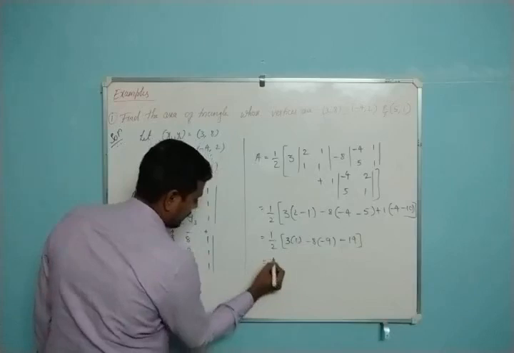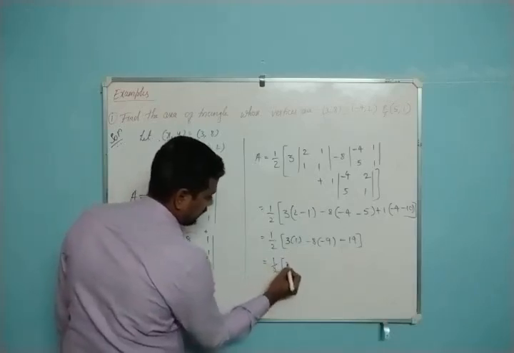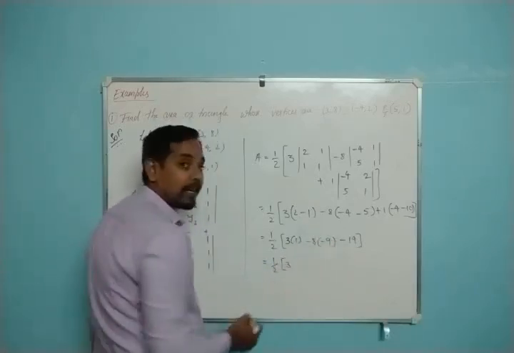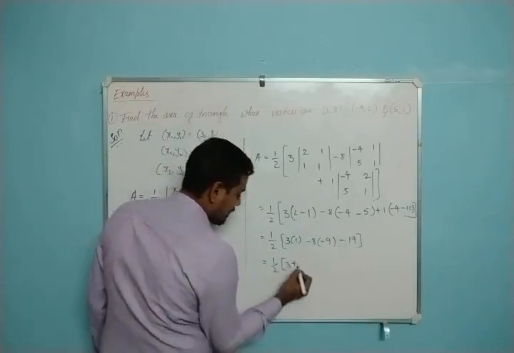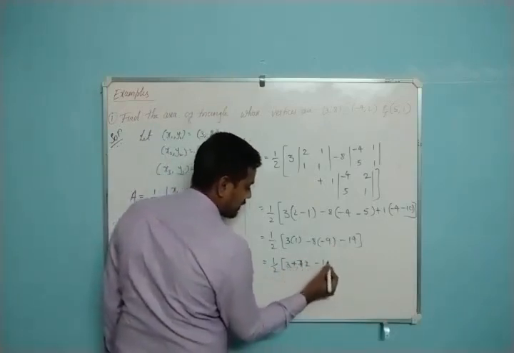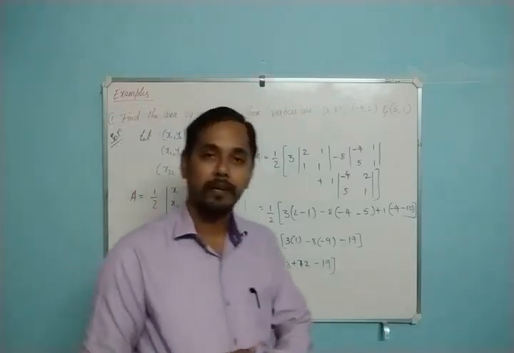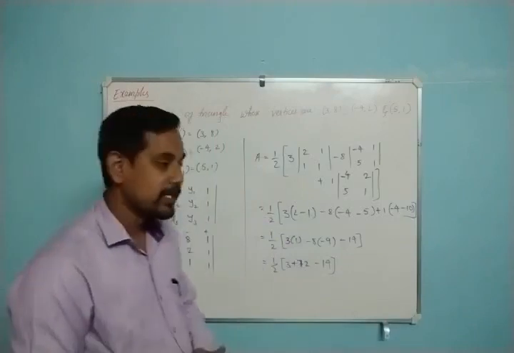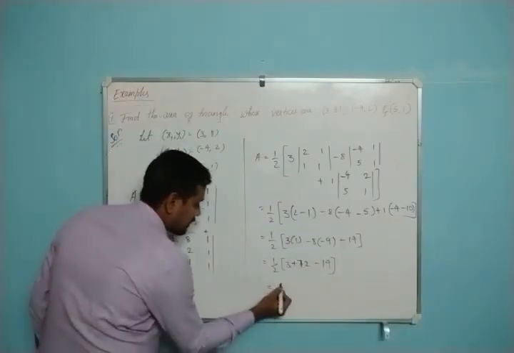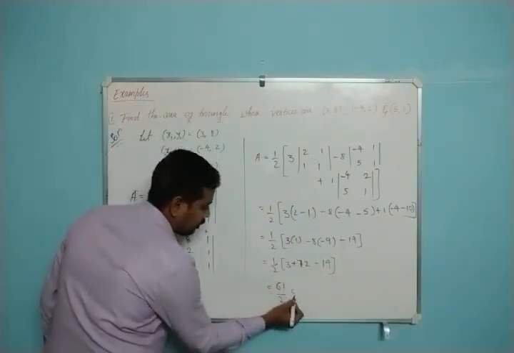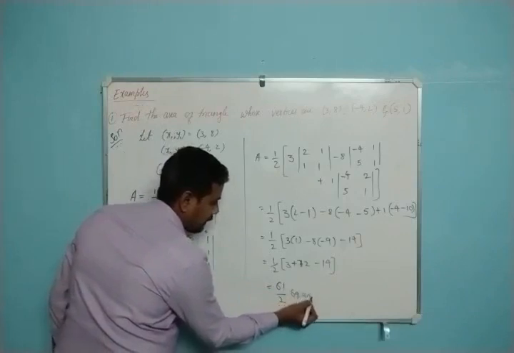So this is half of 3 plus 8 into 9, that is 72, minus 14. 72 plus 3 is 75. 75 minus 14 is 61. So this is 61 by 2 square units.